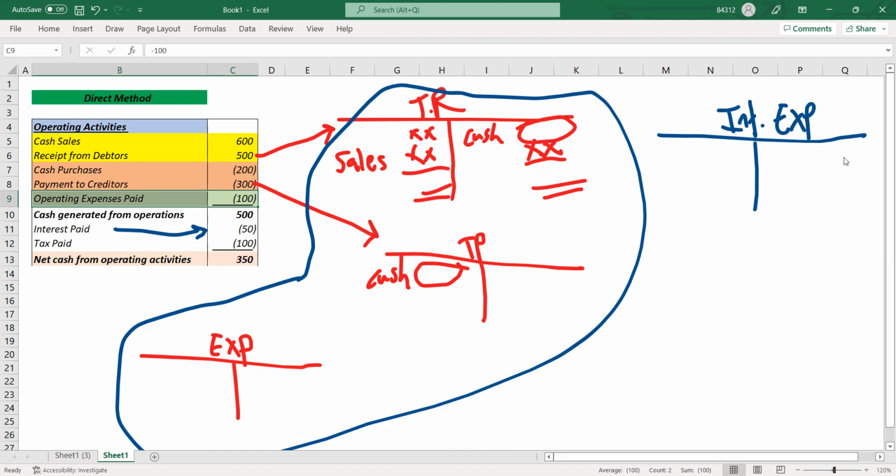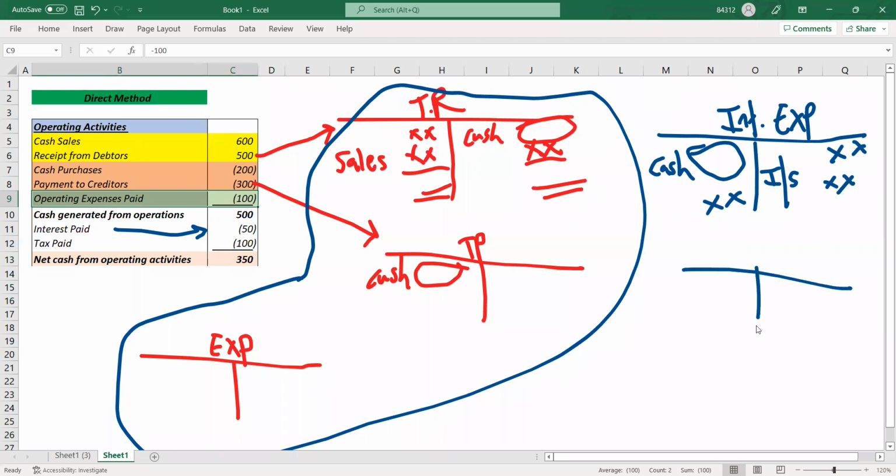Interest expense account. Opening balance, payable. Then the closing balance, payable. Then the amount in the income statement is debited, and this will be credited. Finally, you can find out the cash payment, cash account credit. This account is debit. Okay, we'll do an example; I'll show that.